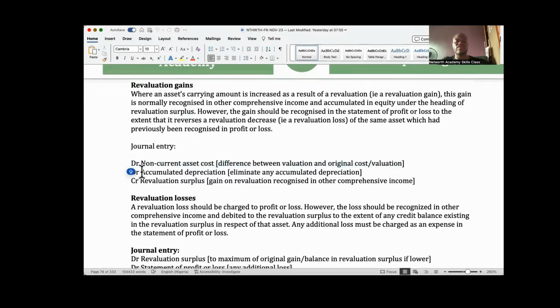Because whenever we have a revaluation gain, we will always write off the accumulated depreciation till the date of revaluation. So that's why we are debiting this accumulated depreciation. You know, normally accumulated depreciation is always a credit. The reason why we are debiting it here is we want to write it off. Whenever there is a revaluation, write off any accumulated depreciation. So this is how you recognize your revaluation gain.